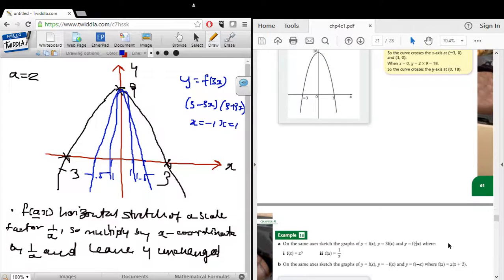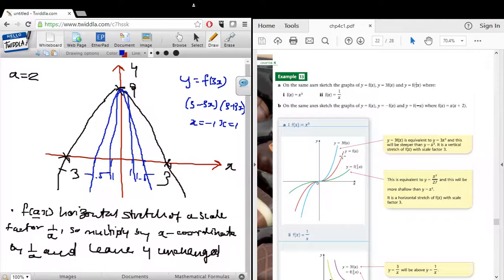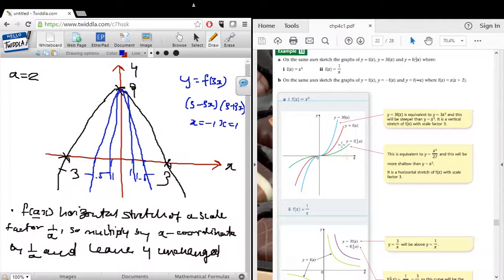So here is example 18. We won't go through it, but as you can see, this is the original y = x. There's a 3 on the outside.